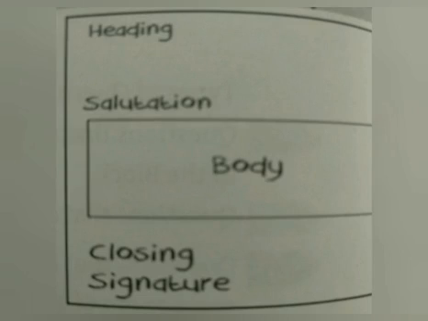The date is written under the address. So the 5 parts are heading, salutation, body, closing, and signature. These are the 5 steps which we mainly have to follow.